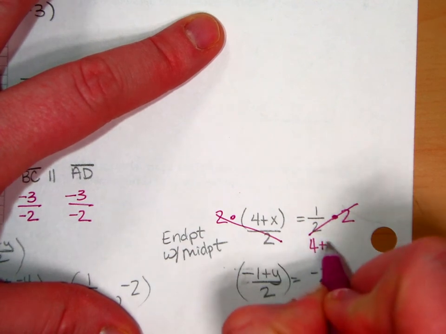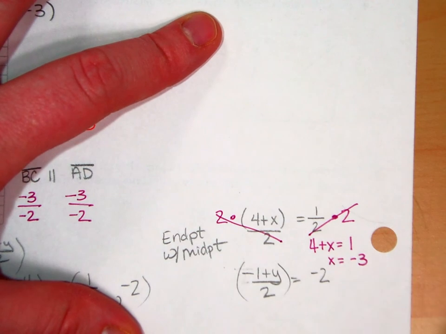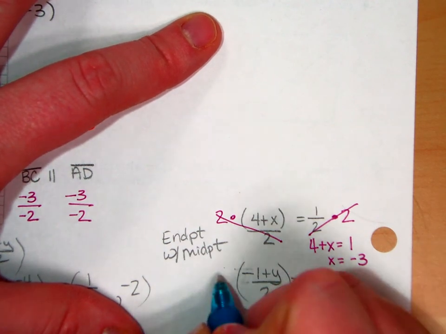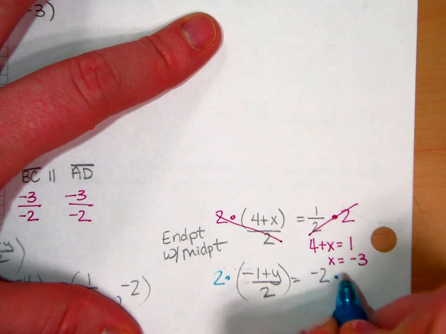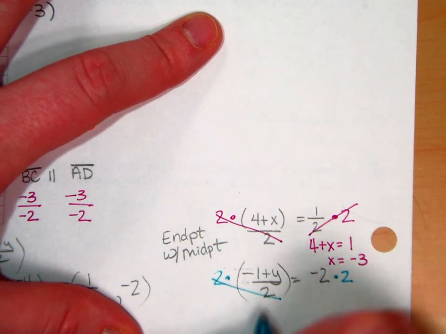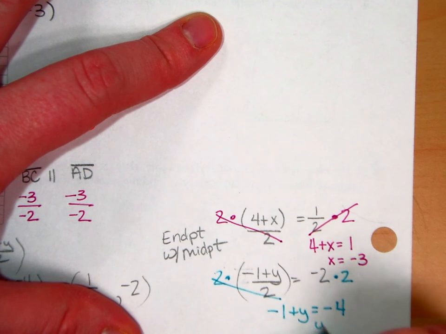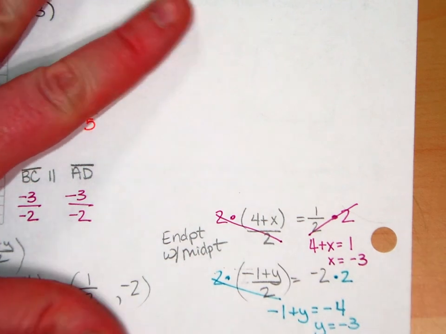You get 4 plus x equals 1, x equals negative 3, which we did say it was. Multiply by 2, multiply by 2, cancel out. Can't cancel anything out over here. You get negative 1 plus y equals negative 4. Add 1 to both sides, y equals negative 3.